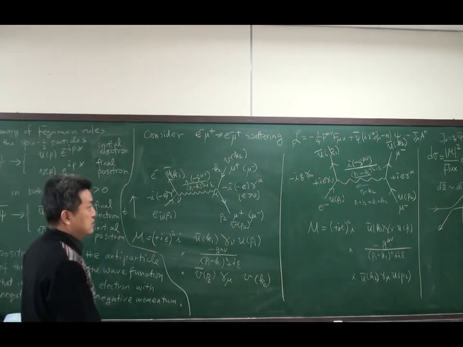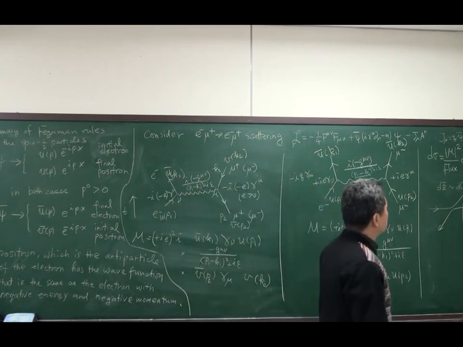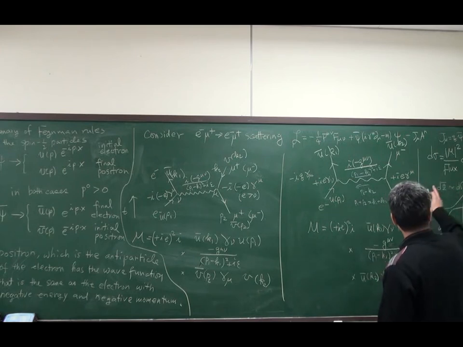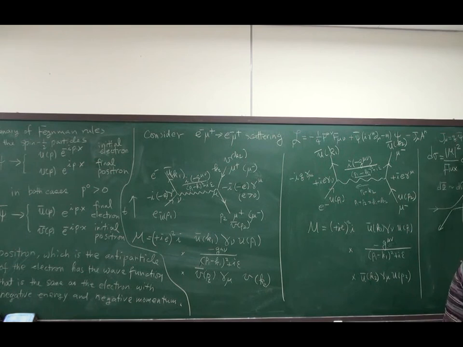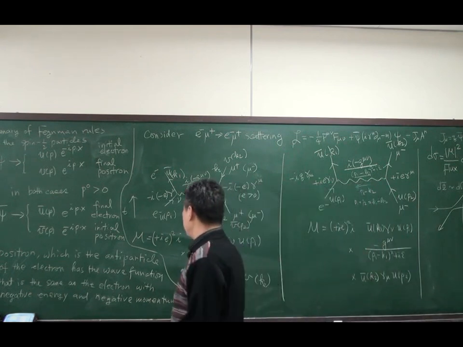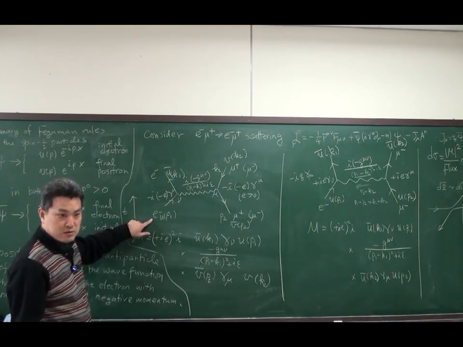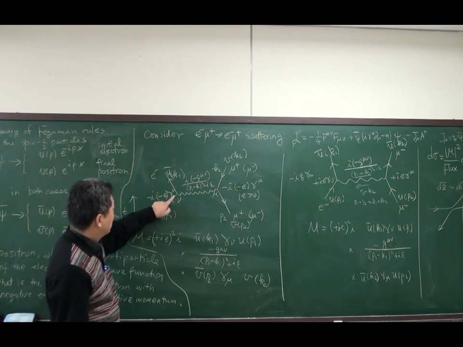And if we insert that solution, then there are many possibilities. For example, a positive energy solution comes in and goes out. In this kind of case, the electron is going forward.